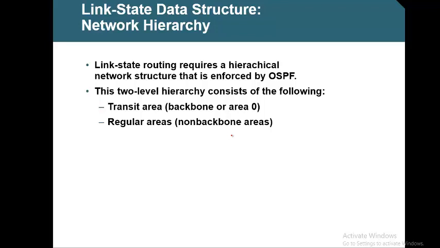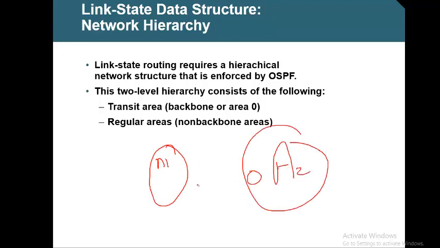So all non-backbone areas need to go through area 0 in order to distribute routes. Why? Can I have an area 1, an area 2? These two routers, can they form a neighbor and distribute routes? Not possible.